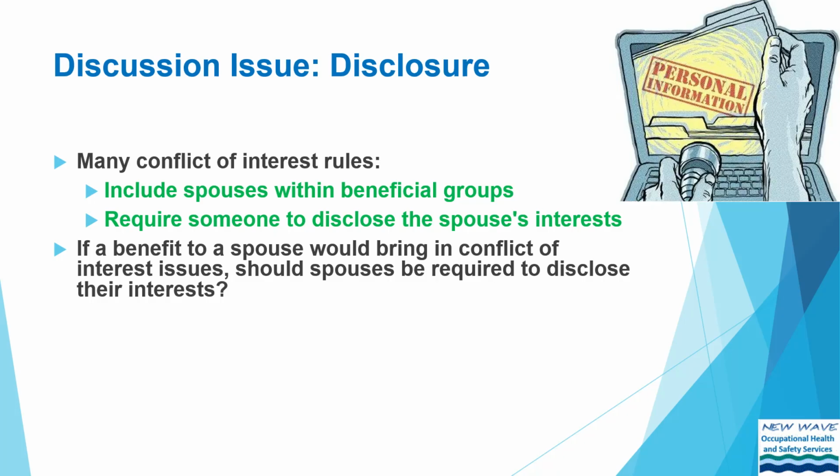As an example of the latter point about balance, consider that many conflict of interest rules include spouses within beneficial groups and require people to disclose their spouse's interests. If a benefit to a spouse would bring in conflict of interest issues, should spouses be required to disclose their interests?